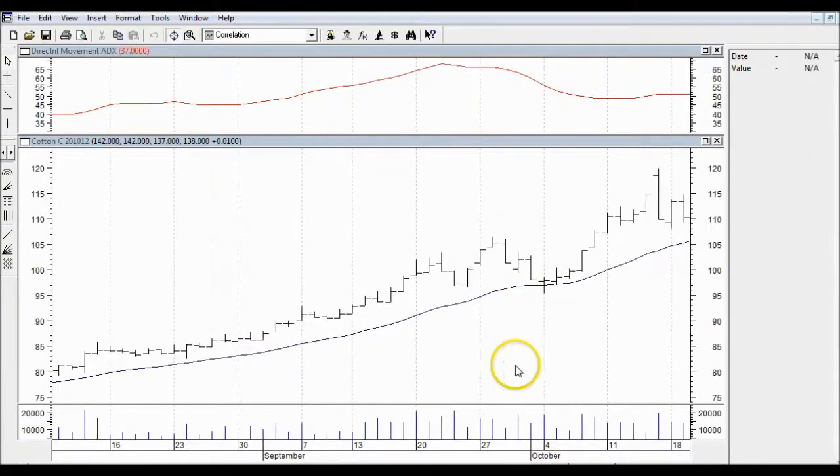When we see that at a market's peak, then we simply look for a pullback to this 20 period moving average. When that occurs, this is our signal bar.